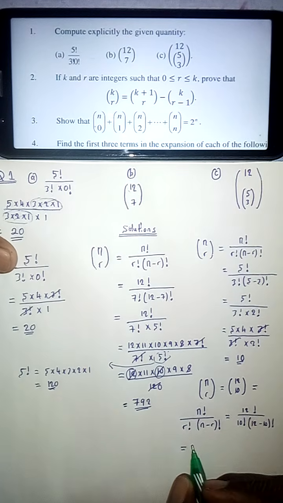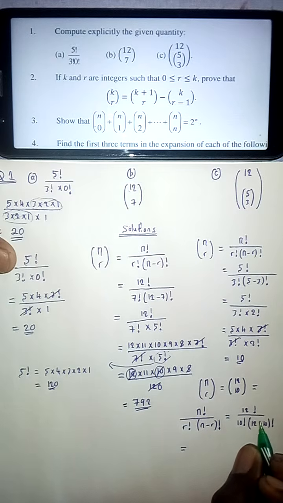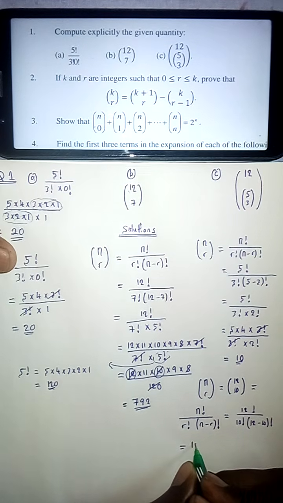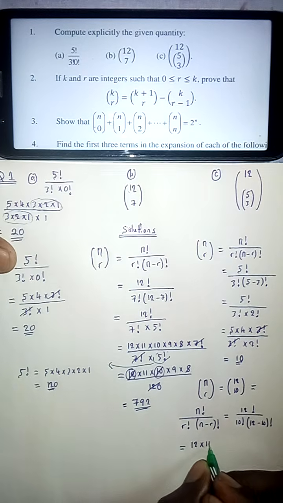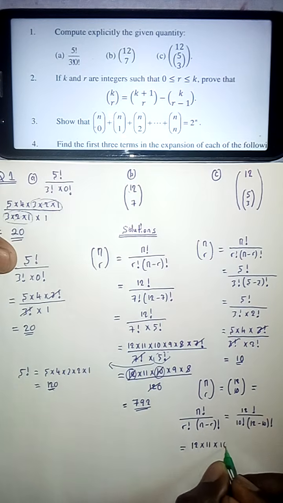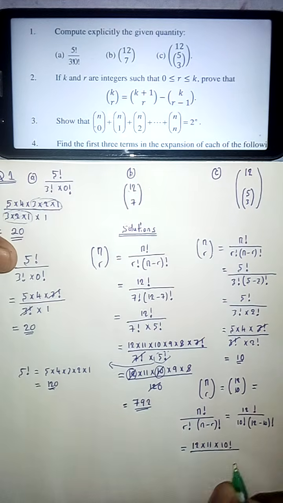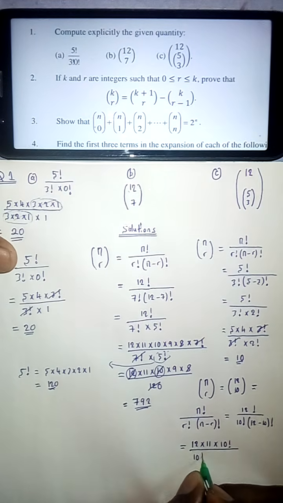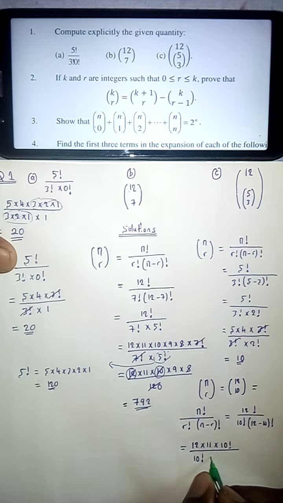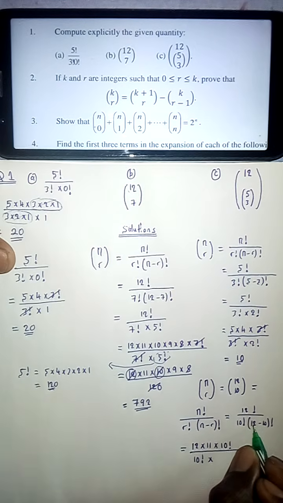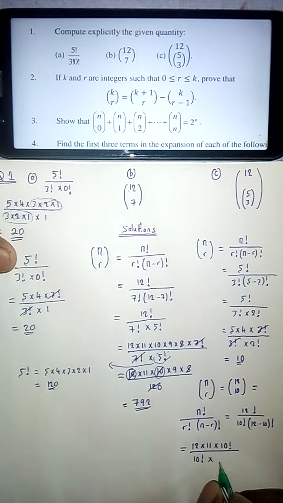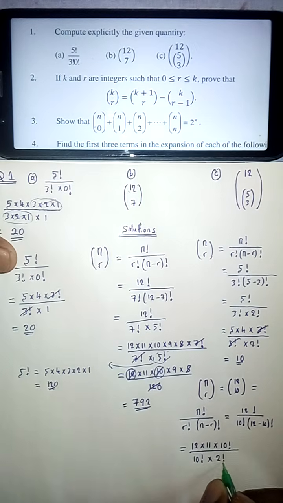Then we're going to say 12 factorial can be written as 12 multiplied by 11 multiplied by 10 factorial. Then here we've got 10 factorial multiplied by what? 12 minus 10, that's 2. 2 what? Factorial. So 2 factorial.